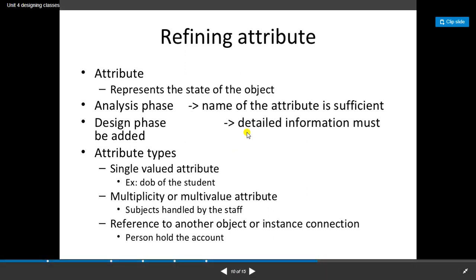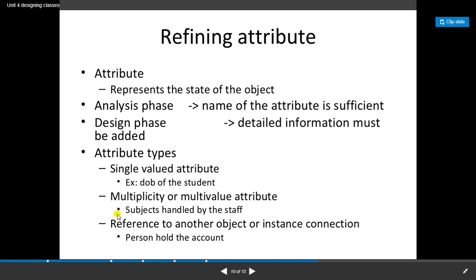There are three types of attributes. The first one is a single valued attribute. For example, we can represent the single valued attribute as the date of birth of the student.